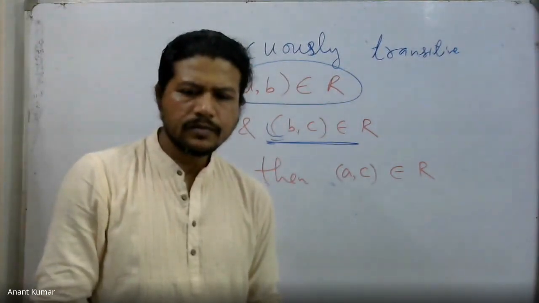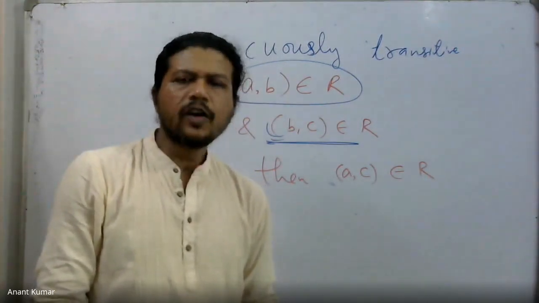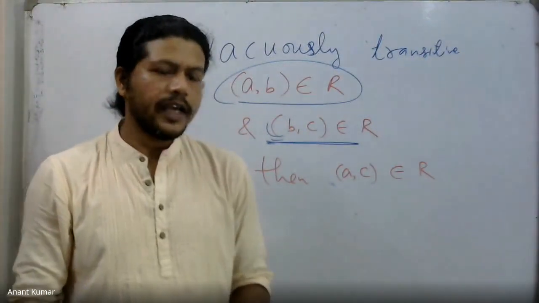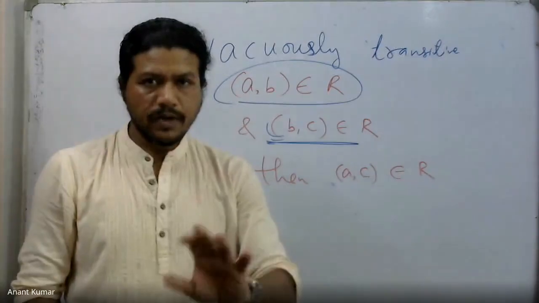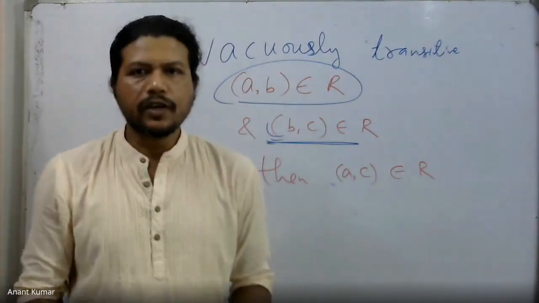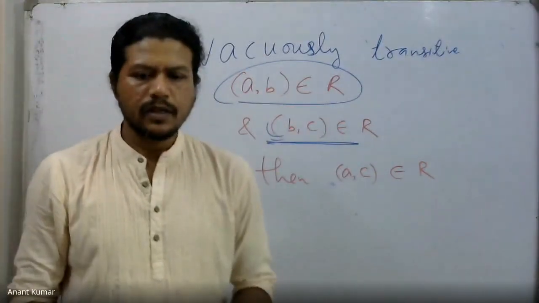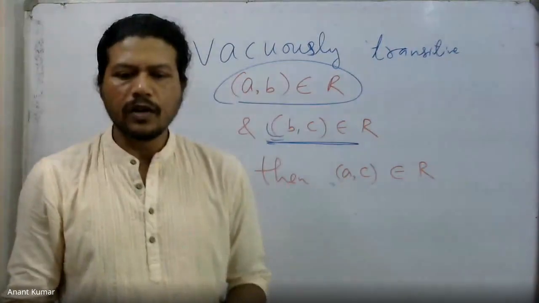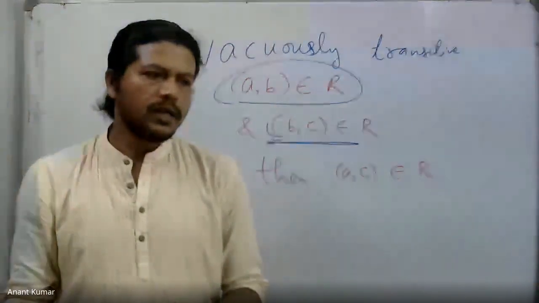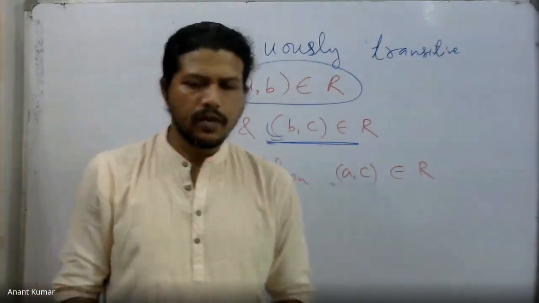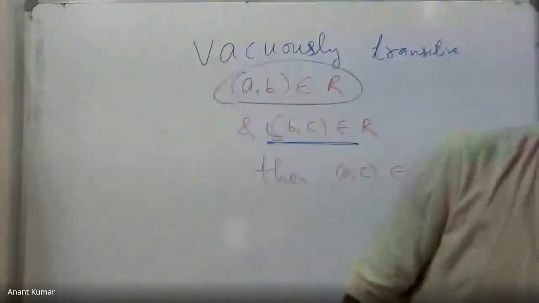Hold on a moment. If A comma B and A comma C are present but B comma C is missing, let us look at the definition. A comma B is there, but B comma C is not there, so I do not need to check for A comma C, at least for the first pair. Similarly, A comma C is there, but C comma something is not there, so again I don't require A comma B to be checked. So this will be transitive.